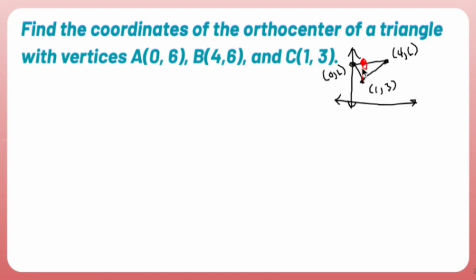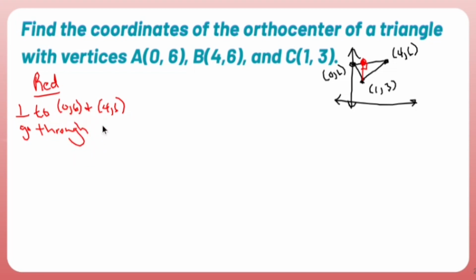So in order to find the equation of this red line, I need a line that's perpendicular to the segment from (0, 6) to (4, 6), and it has to go through (1, 3).